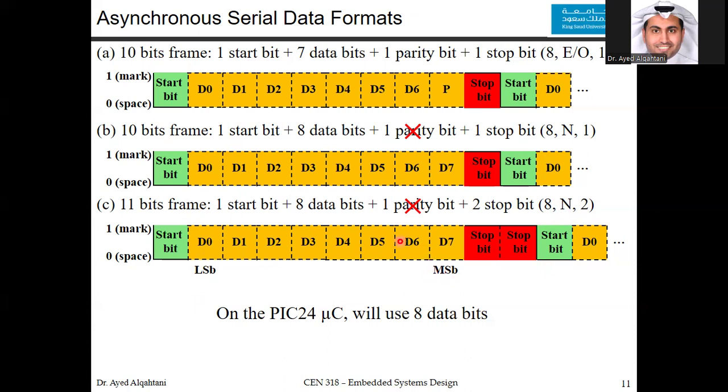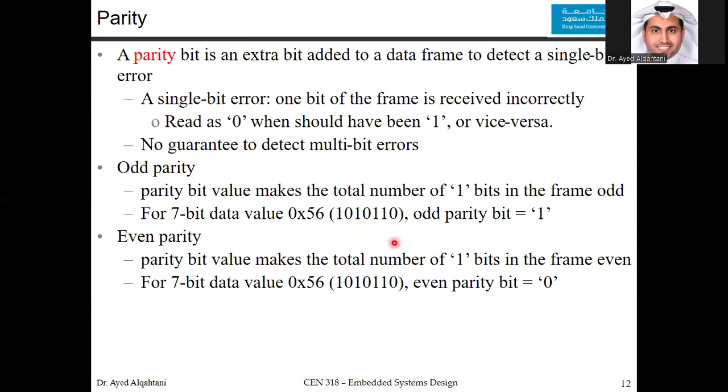Now, just to revise what you've known regarding parity, a parity bit is an extra bit added to the data frame to detect a single bit error. It detects only a single bit error. A single bit error is 1 bit of the frame received incorrectly. It's read as 0, for example, when it should have been 1, or vice versa.